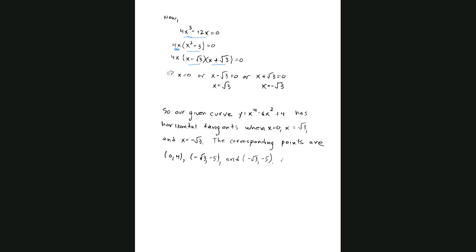x is 0, that's one value. We know that because at the point 0, 4, there's a horizontal tangent. x equals root 3 is another value, and then x equals negative root 3. And that would make sense because it's an even function. So if the tangent line to the curve is horizontal at x equals root 3, then another tangent line at x equals negative root 3 would also have to be horizontal.